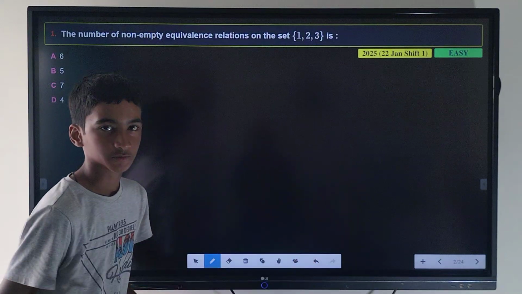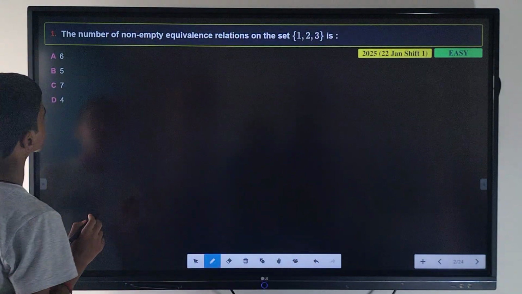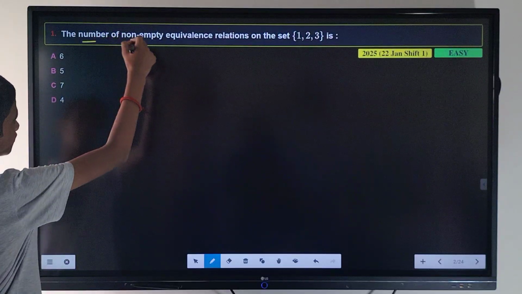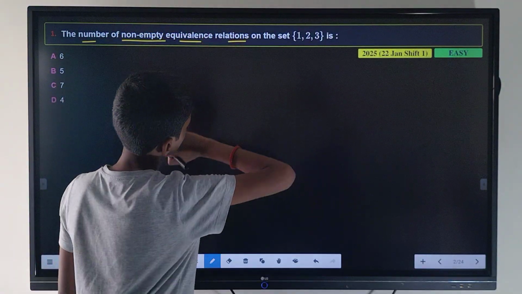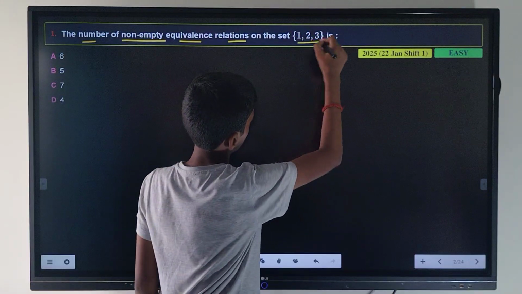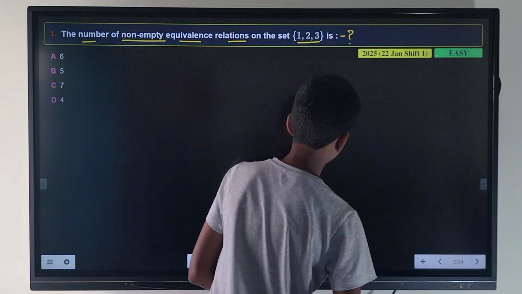Here is our first question now. Our first question says the number of non-empty equivalence relations on the set 1, 2, 3 is equal to what?